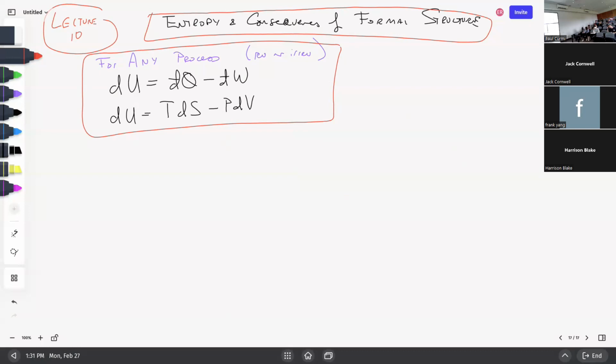Everything in that equation is a state parameter. These are not the same equation. Although I will almost always say dq matches TdS, that's not necessarily true. And the same with work, because I can have irreversible work, irreversible addition of heat. But both equations are always true. Okay?